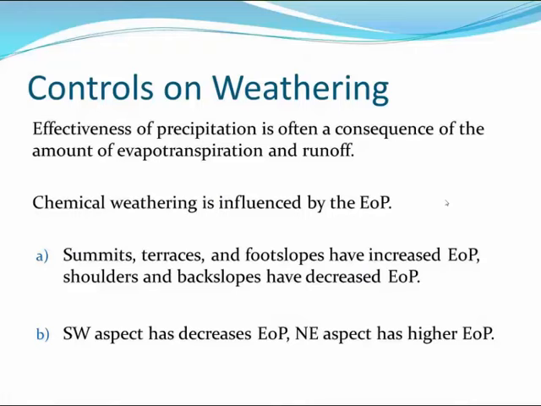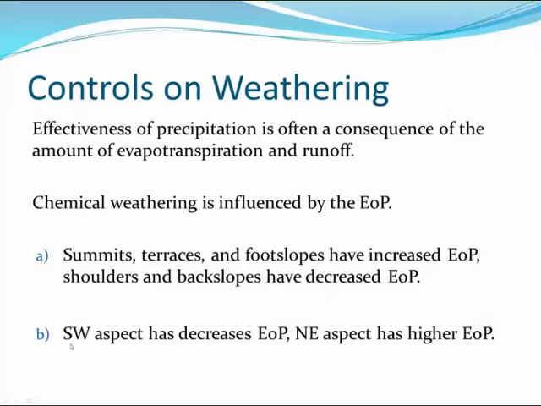That typically would be the level landforms: summits tend to be level, and terraces tend to be level. But then we also get excess moisture on foot slopes because we get runoff from the side slopes. So all of those have increased effectiveness of precipitation. It's the shoulders and the back slopes that have decreased effectiveness because they suffer runoff.